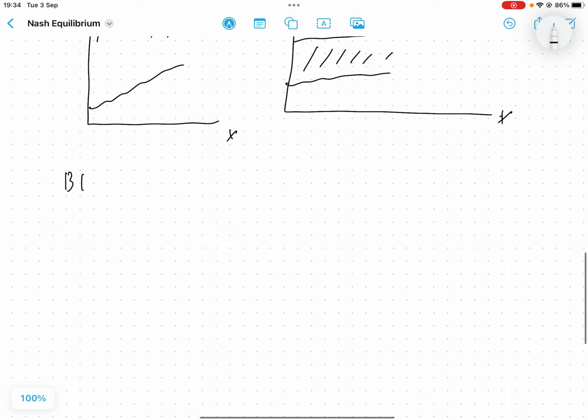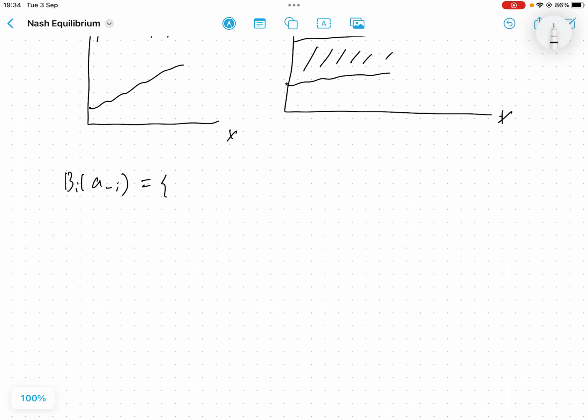The definition is that for player i, B_i, given the input of a minus i, which means given all the actions from the other players, the best response for player i would be a set.